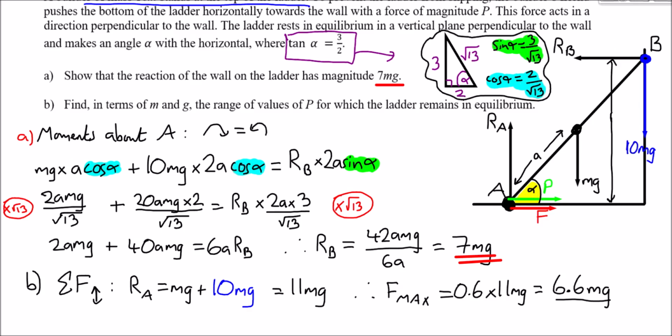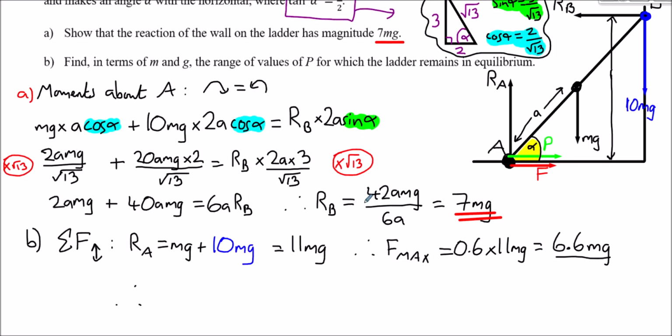And so what would be needed is that person would need to provide another 0.4 mg to get the total of the forces to the right up to the 7 mg to counteract that reaction from B. And so P would need to be at least 0.4 mg, because 0.4 mg plus 6.6 mg would just about cancel out this 7 mg. That would be in limiting equilibrium.